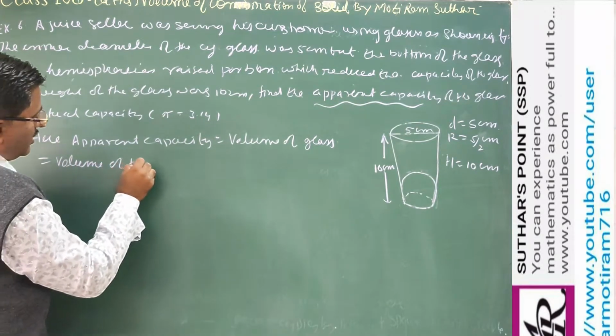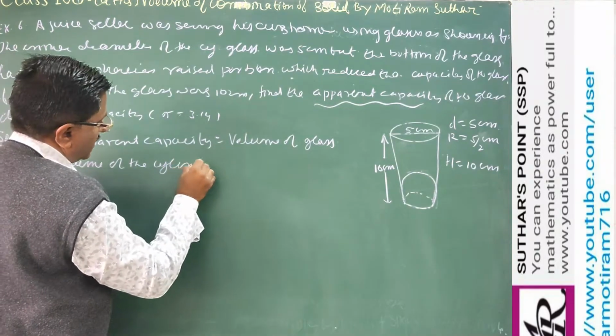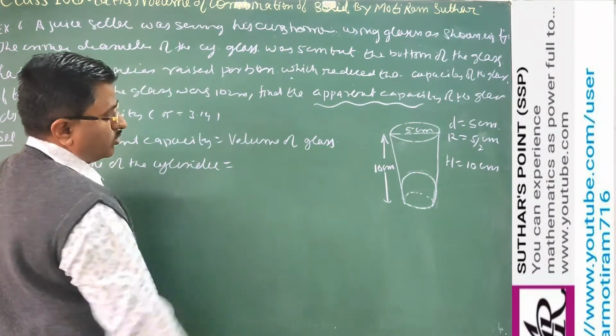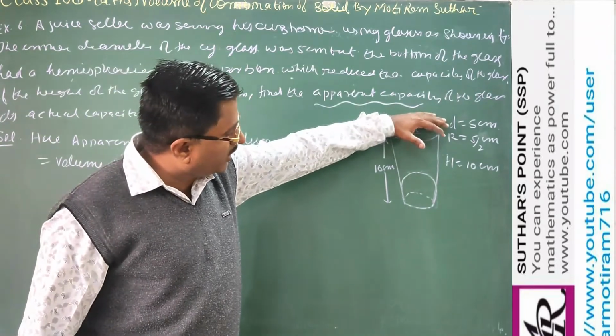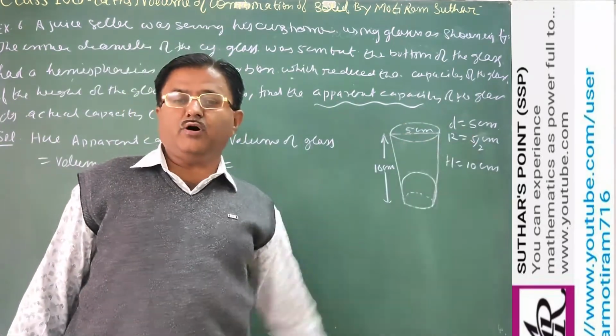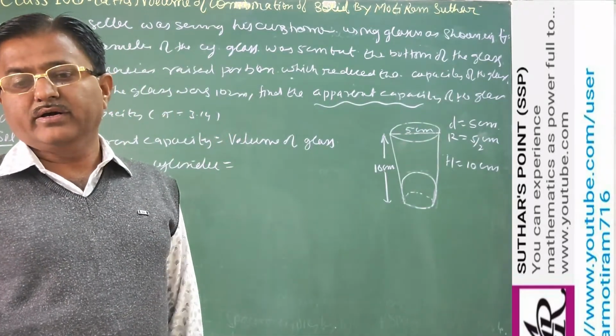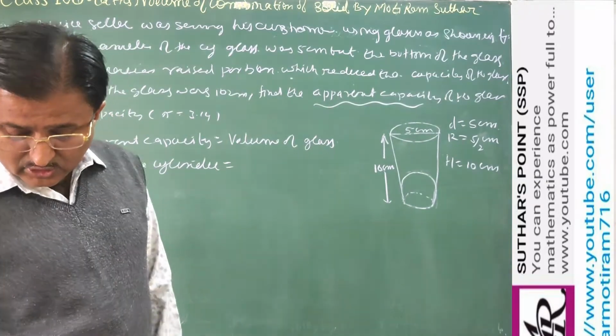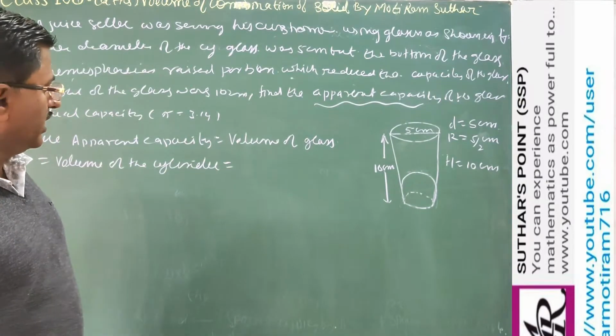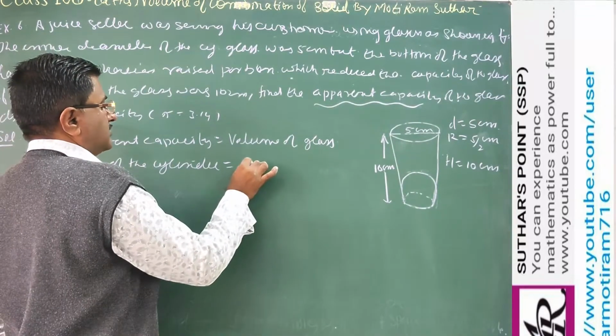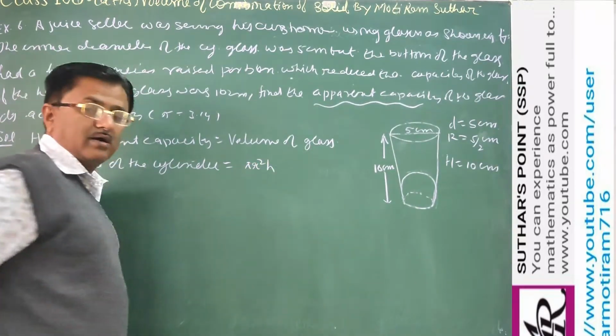So apparent means we find the total volume of this one, which is in the form of a cylinder. Clear? So that will be volume of cylinder is pi r square h.